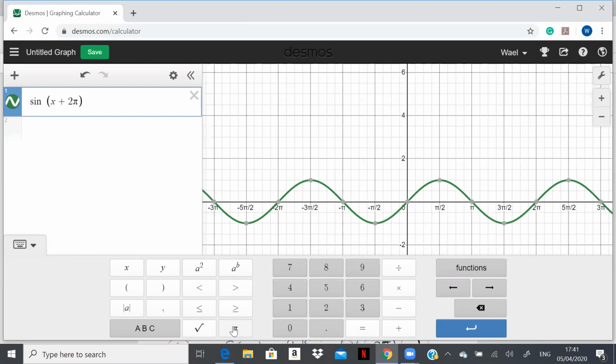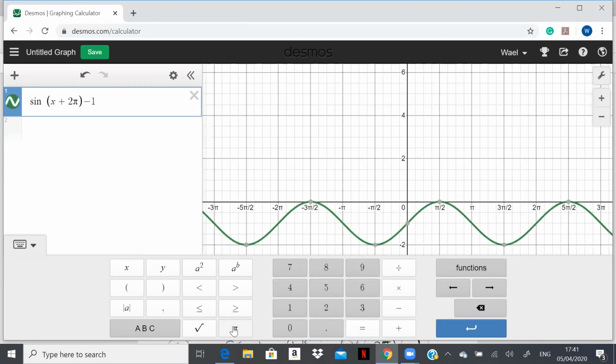Here you go. That's it, Mr. Wael. We have -1, minus the normal -1. Here you go. That's it? Yes, that's it. And you can click save, so you can give me a copy or share screen, whatever, and give me the graph itself. On the laptop? Yeah, on the laptop.